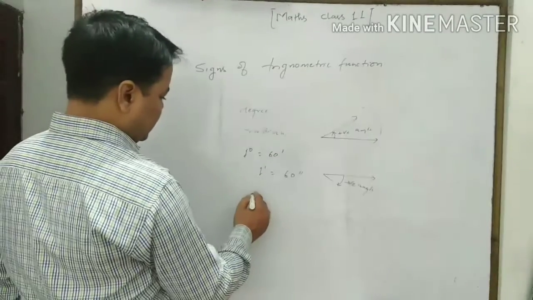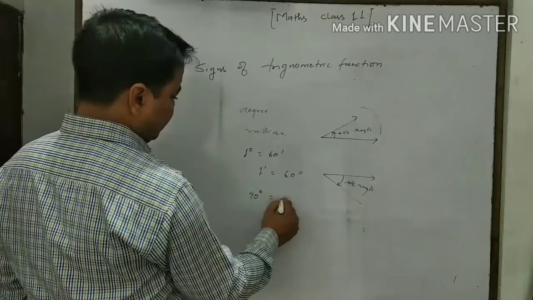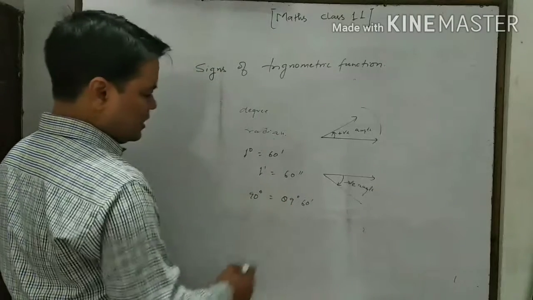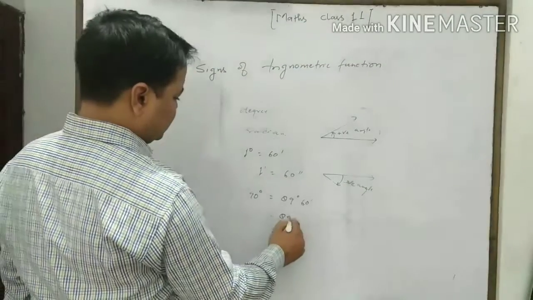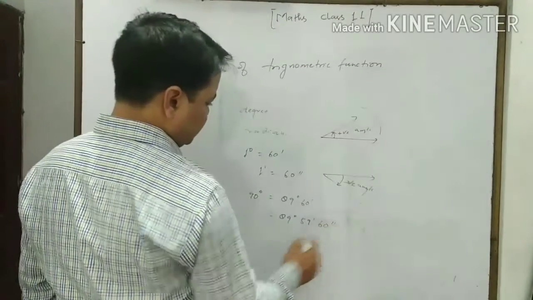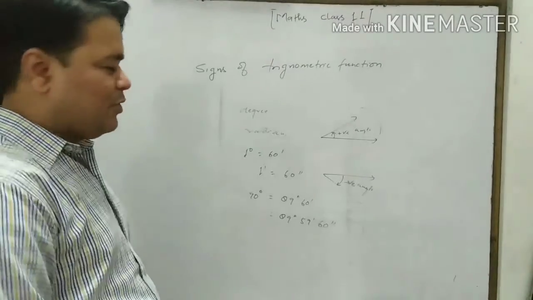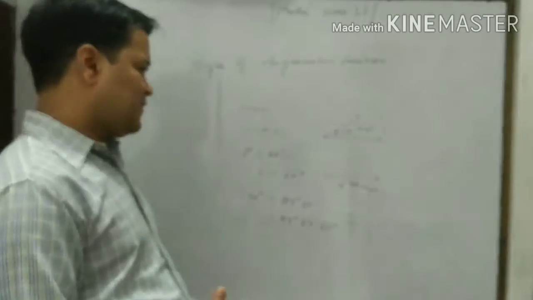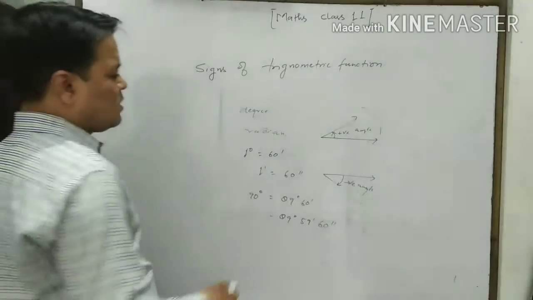It means 90 degree can be written as 89 degree 60 minutes, or we can write 89 degree 59 minutes 60 seconds in the form of second, minute and degree. Getting?